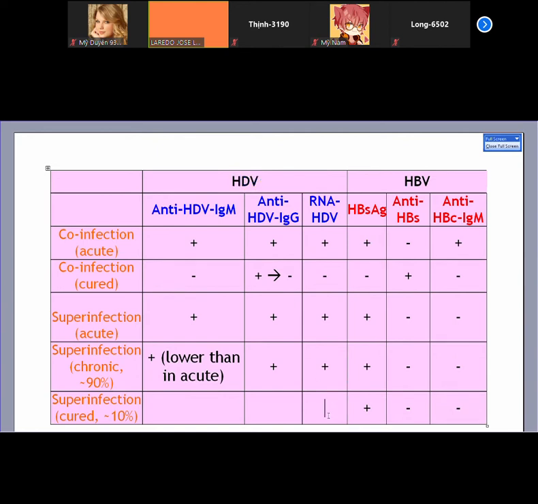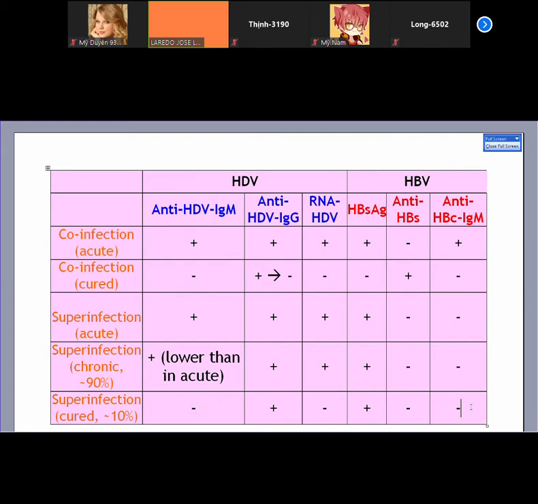So the nucleic acid is not detected in blood, it disappears. The IgG usually remains positive because IgG remains positive forever. Maybe sometimes the level of IgG may decrease, but we are not going to say anything about that. Just to remember that the IgG remains positive and the IgM becomes negative.